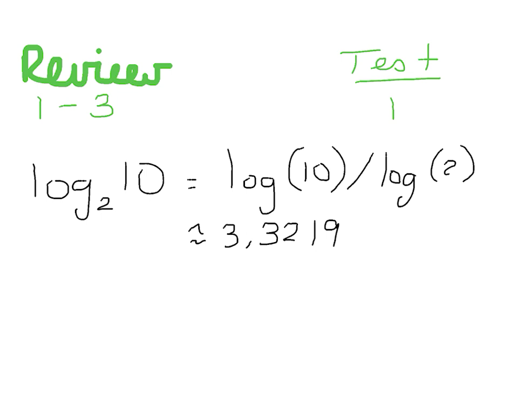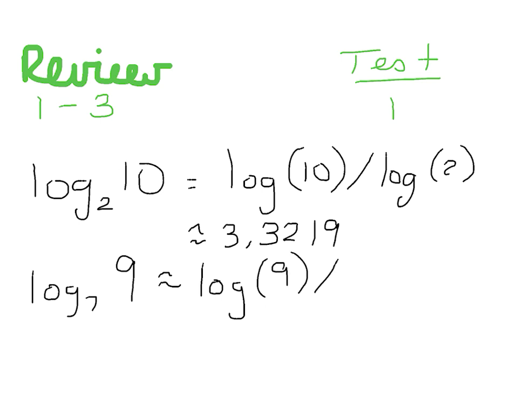Number 2 has the log base 7 of 9. So again, if I type the log of, which one comes first, the 7 or the 9? 9. Good. Divided by log of 7. So when you put it in your calculator, you have parentheses around the number?